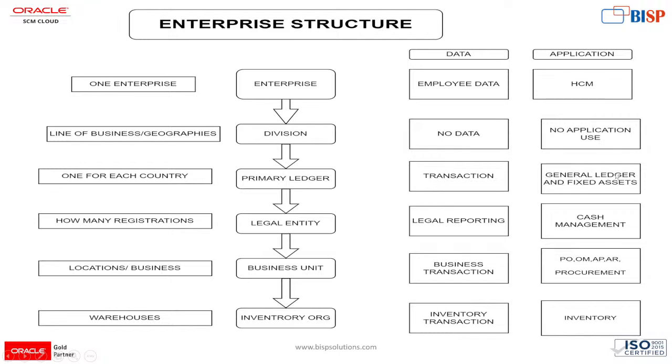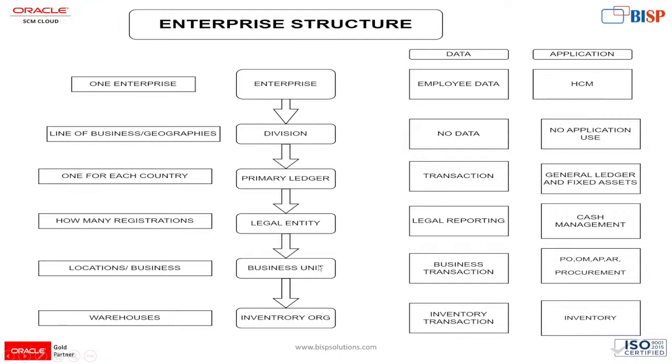Out here you can have as many legal entities as needed. You can have more than one legal entity attached to the primary ledger, and it's required for legal reporting, and the cash management is maintained at the legal entity level.